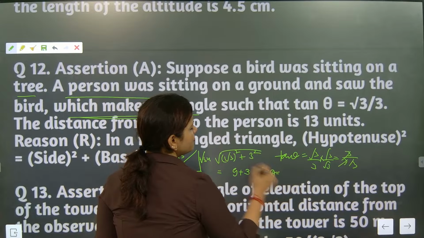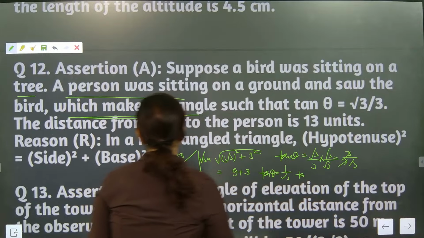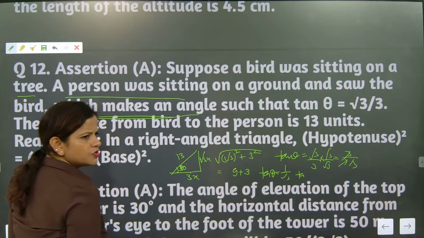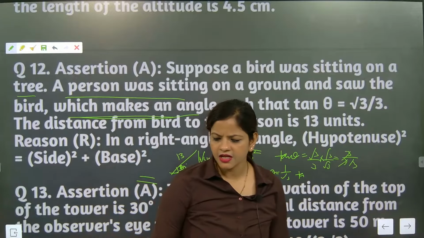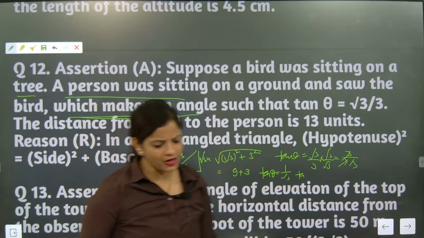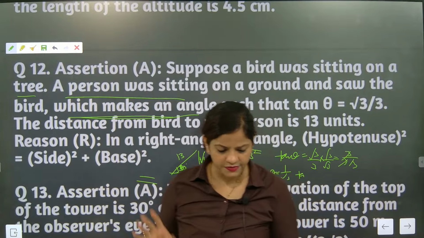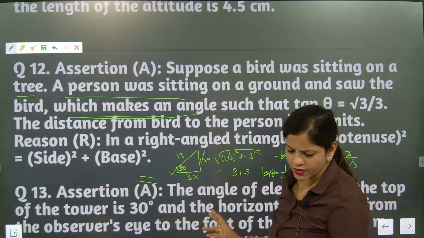So tan theta will be equal to 1 by root 3. So tan theta equals tan 30 degree, it is making 30 degree. Understood? So the answer here, all people have given different answers, but the correct answer here is, which question are we solving? Question number 12.